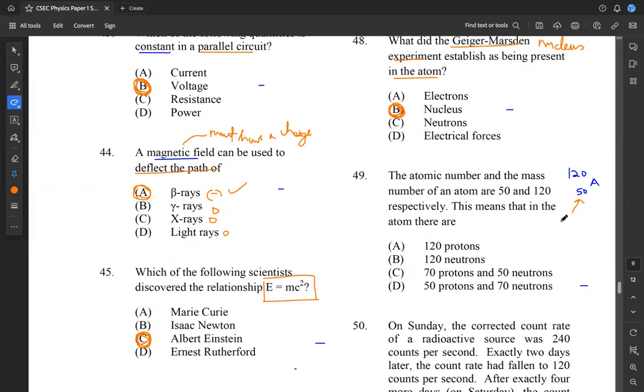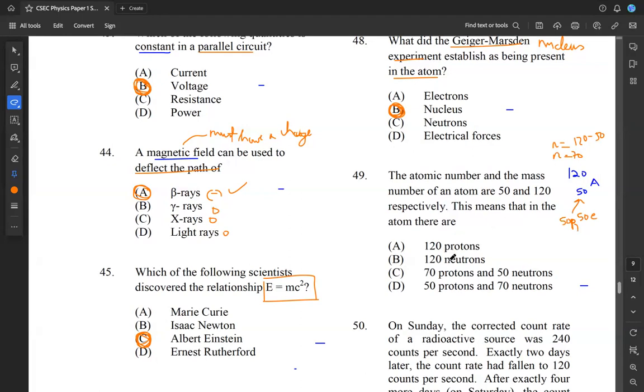So there are 50 protons, and if it's a neutral atom, there are also 50 electrons. And then the number of neutrons, N, will be the mass number, 120 minus 50. So the number of neutrons will be 70. There'll be 70 neutrons in this nucleus.